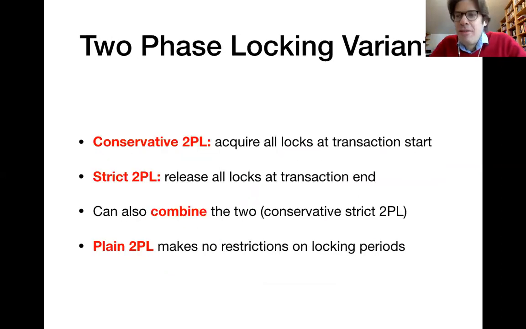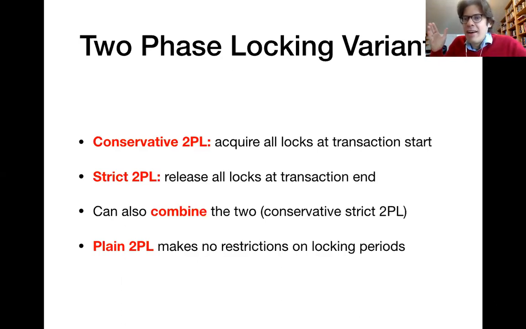There's a couple of different variants of two-phase locking. First of all, we have conservative two-phase locking, which means that we do not allow transactions to acquire locks late. We require them to get all their locks at the beginning of execution. Also, there is strict two-phase locking, which means that we do not allow transactions to release locks early.